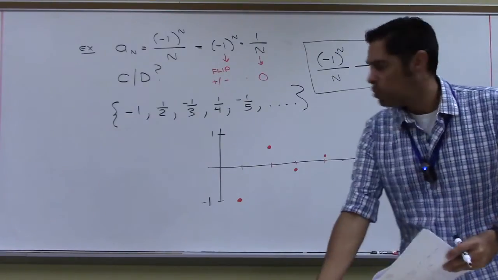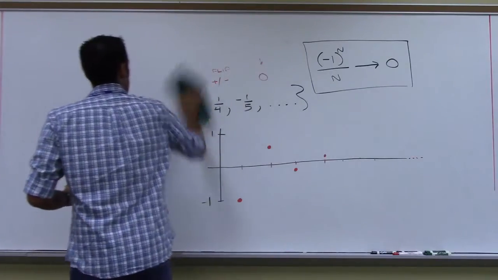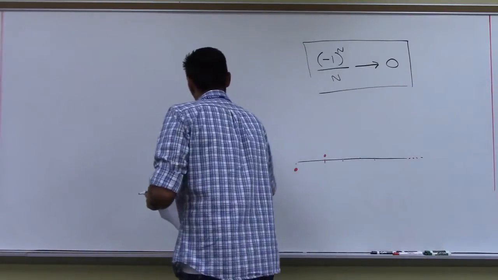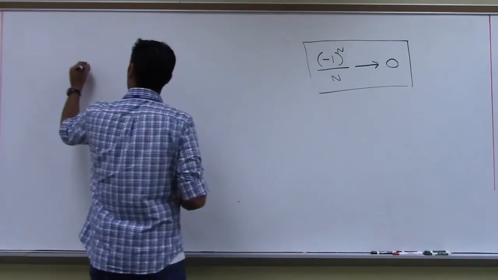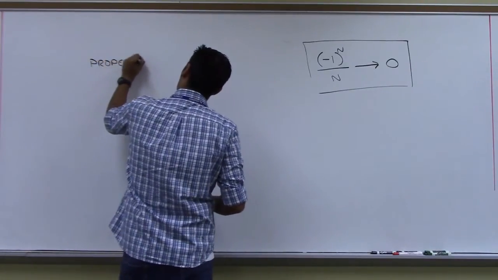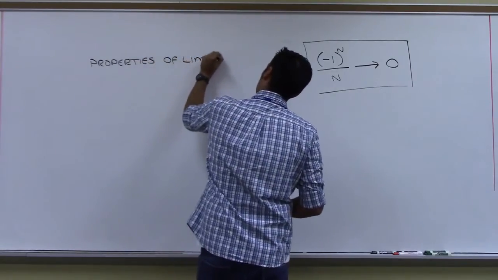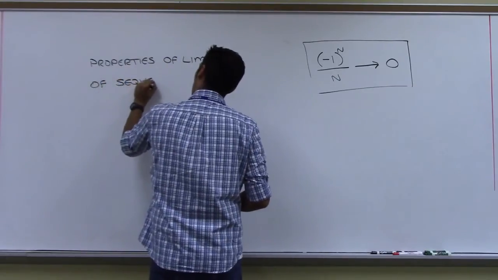Now, page 429 in your book has properties of the limits of sequences.